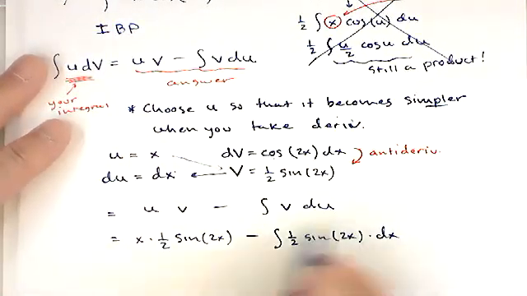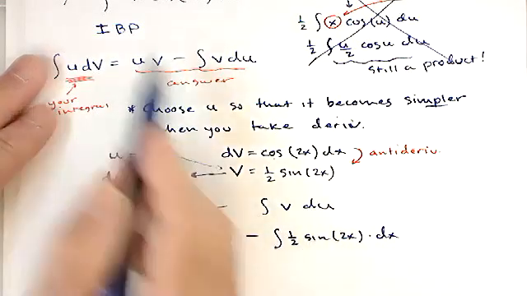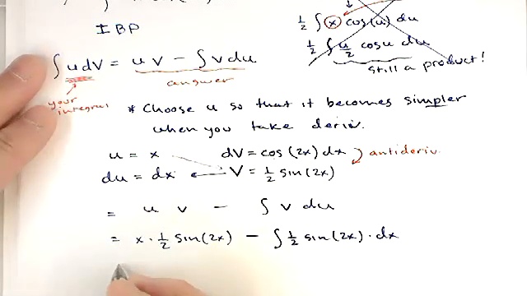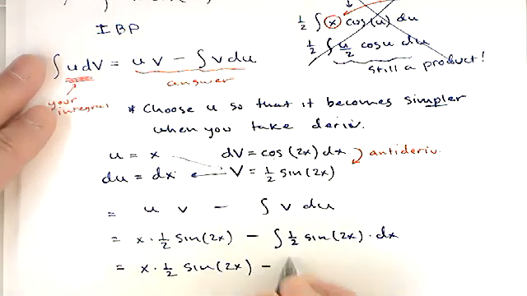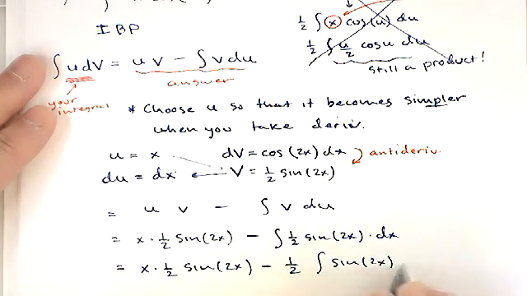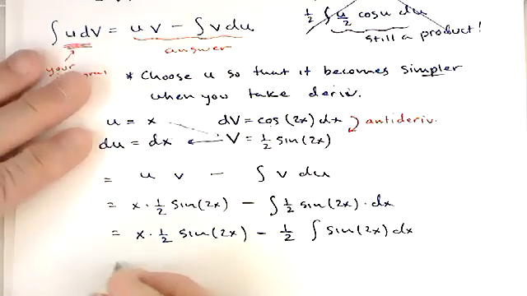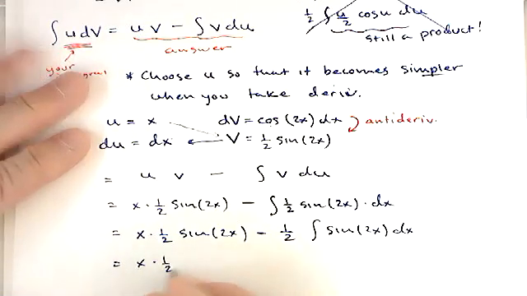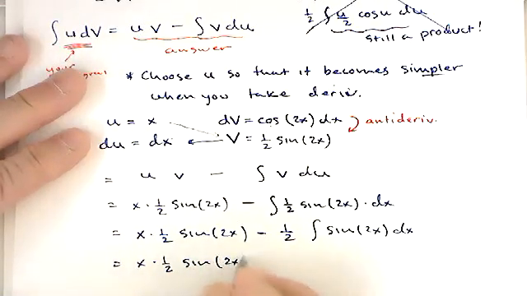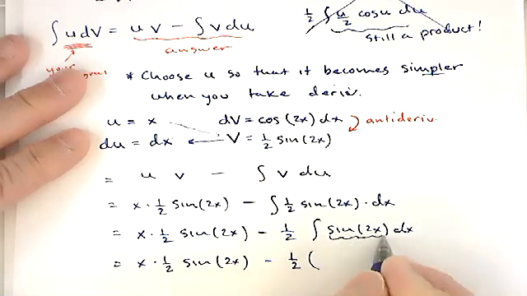Now, the formula still has an integral, but the idea is this integral should be easier to do than the one we started with, and it is. If I factor out this 1/2, here's yet another mini u substitution.